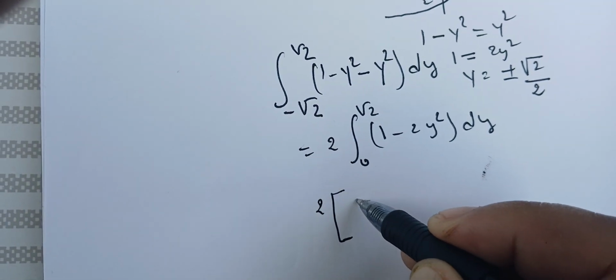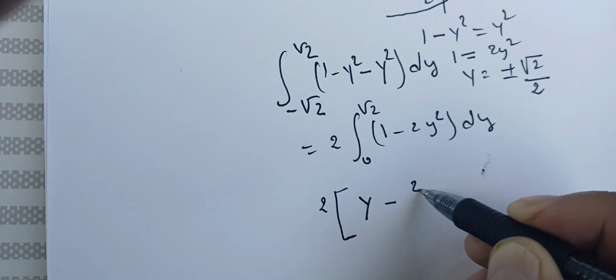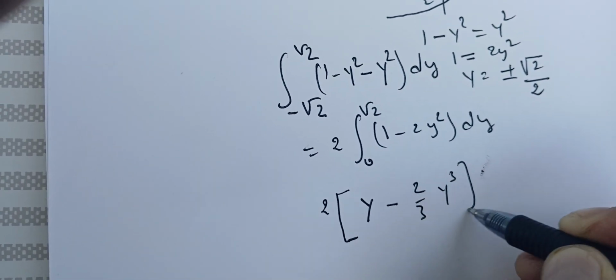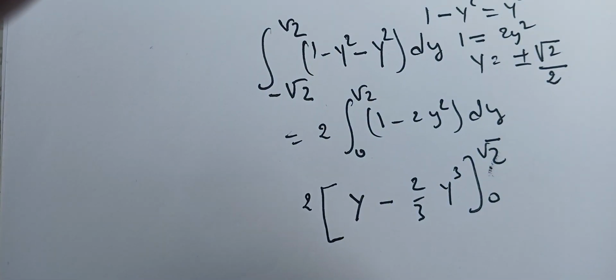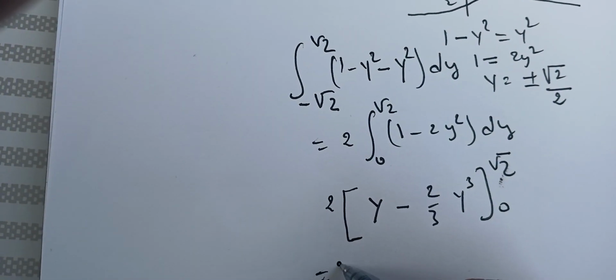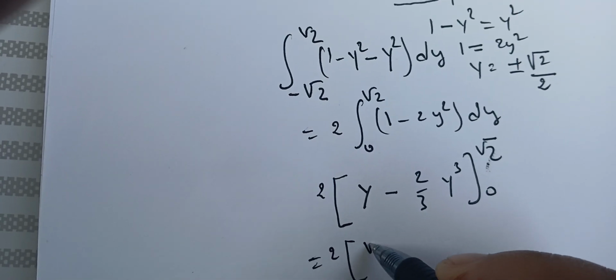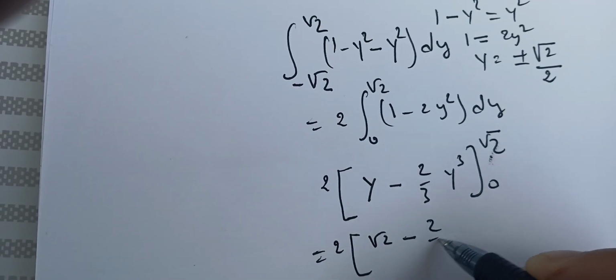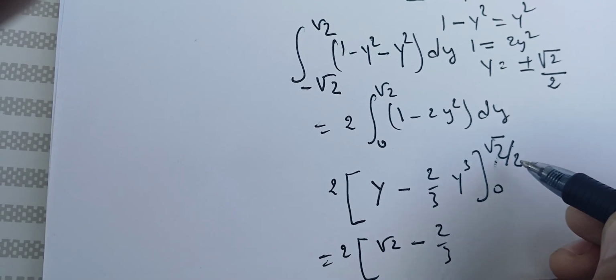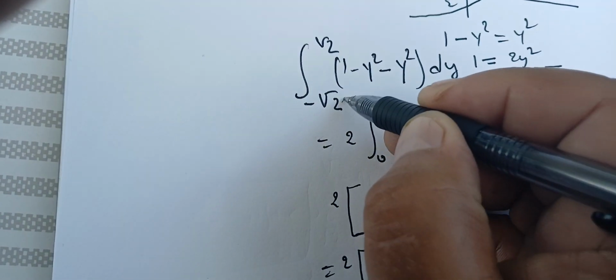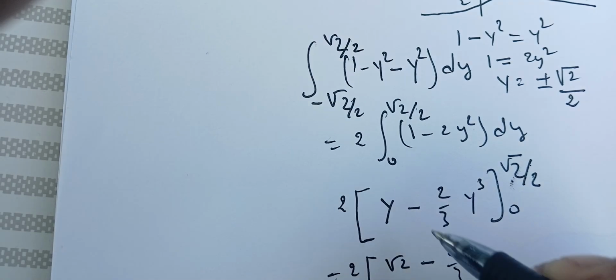Okay, now using the rules of integration, we can see that this one is given by y minus 2 over 3 y cubed between 0 and square root of 2 over 2. Okay, when we do the evaluation, we're going to have square root of 2 over 2 minus 2 over 3 times square root of 2 over 2 cubed.